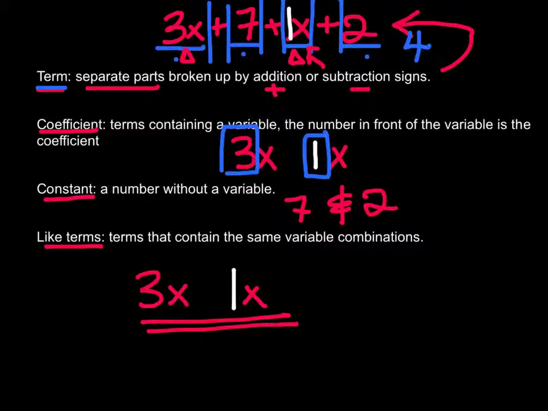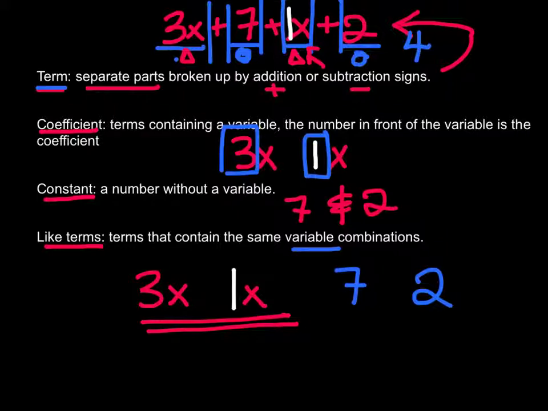Like terms could have the same variable combinations, and that could mean lack of a variable. So we have 7 and 2 in this problem up above, and so I'm going to identify those with a blue circle. So technically, we can move all of those things together, and we could create a smaller equation.